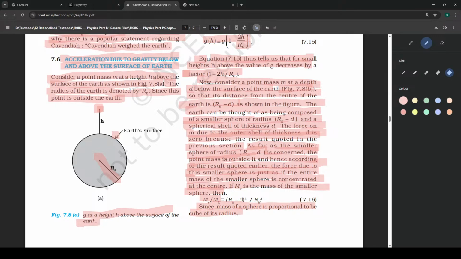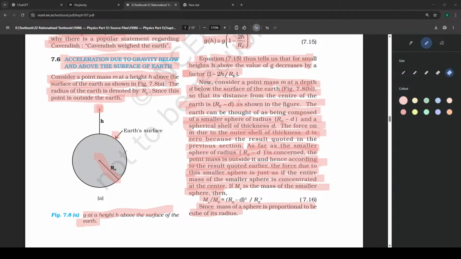How we got that, let's find out. Mass is equal to the product of volume and density. So the ratio of the mass of the smaller sphere by the mass of the earth is equal to 4 by 3 pi (Re minus d) whole cube by 4 by 3 pi Re whole cube.